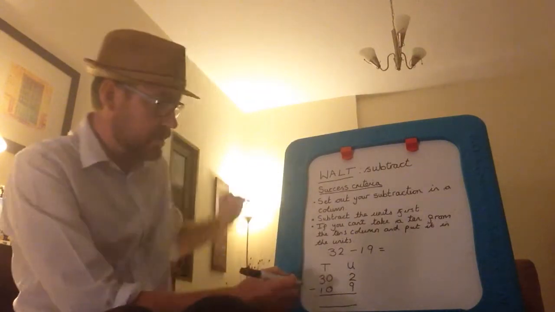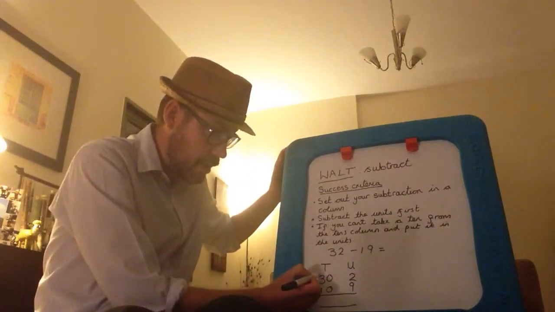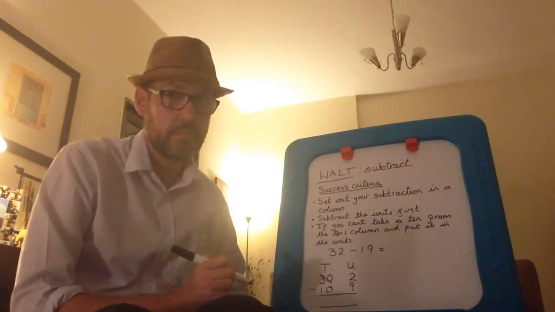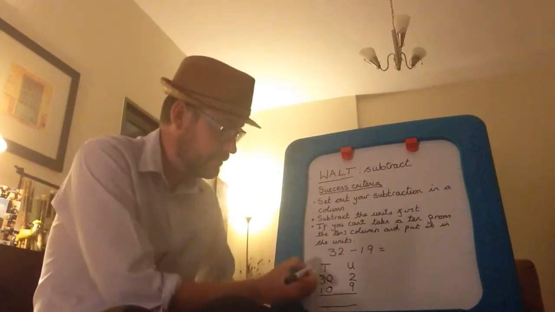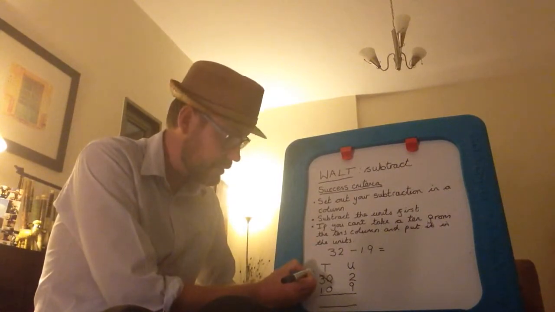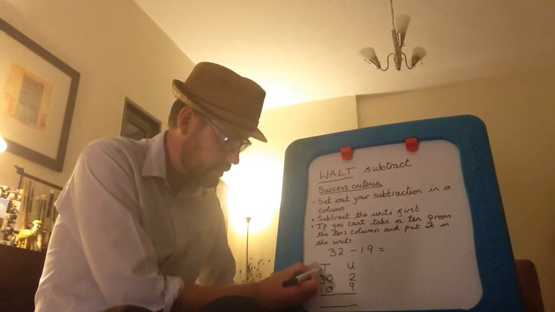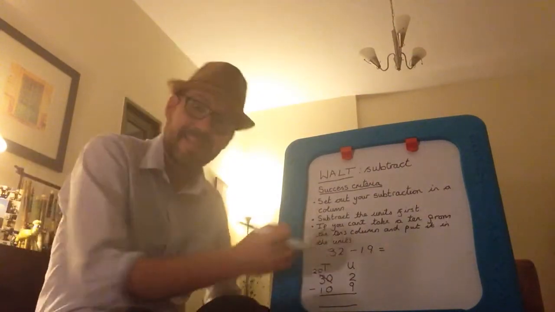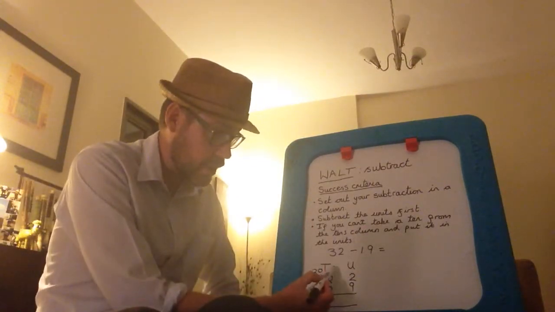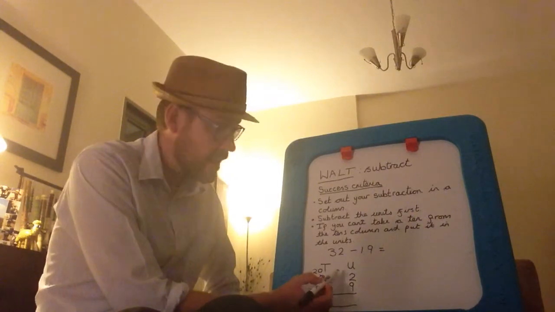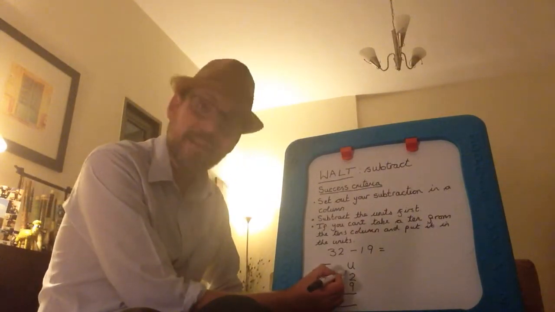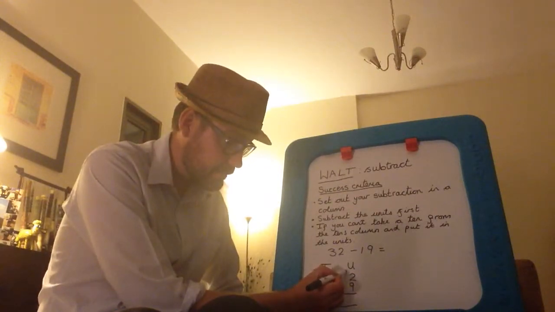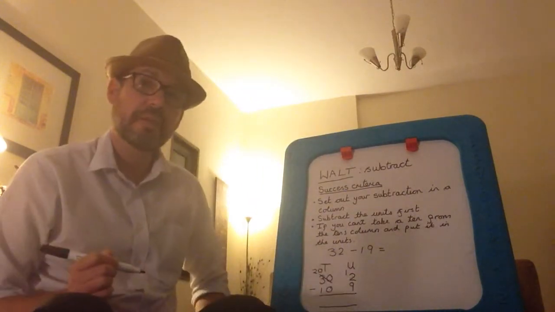I'm going to cross out that 30 now, because it's not going to be 30. It's going to be 10 less. It's going to be 20. I'm just going to write that 20 there. And the 10 that I took over is going to come over here. 10 and 2, because we've got the unit there, is going to make 12.